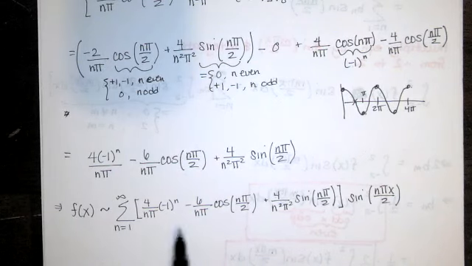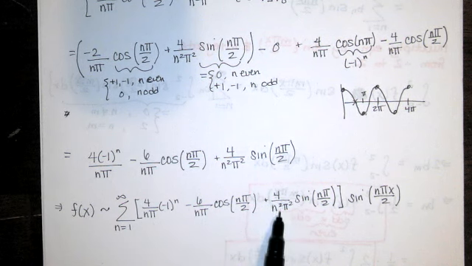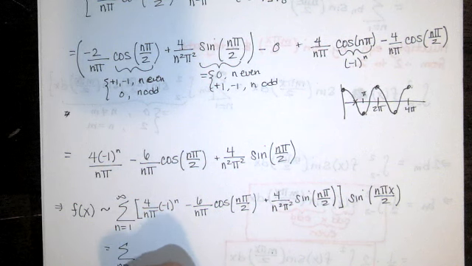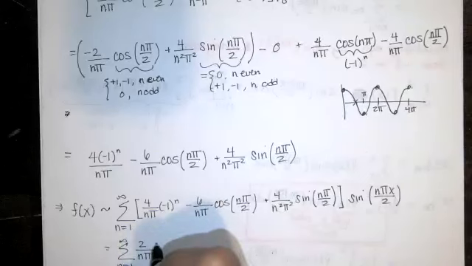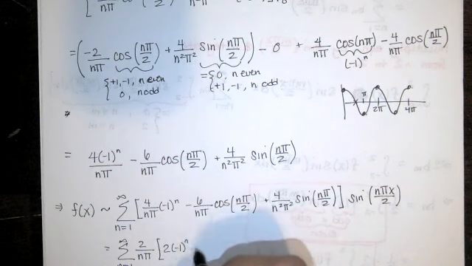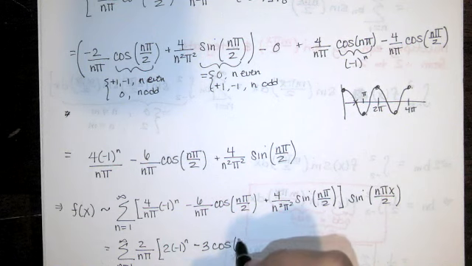And if we wanted to, we could see that this expression and this expression all have a 2 over n pi in common. So we could factor that out from everything. But I don't really think it makes it that much simpler, honestly. We'd have a 2 times negative 1 to the n there, minus 3 times this cosine function.